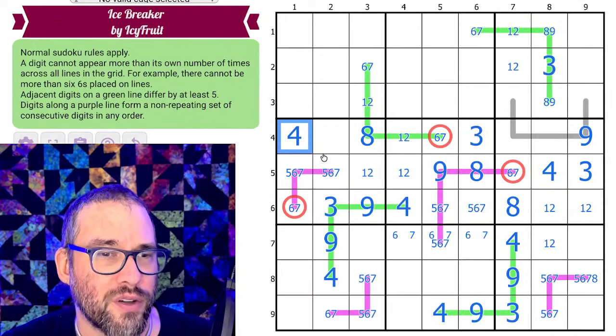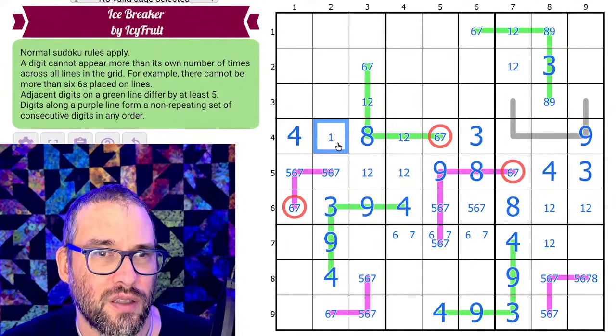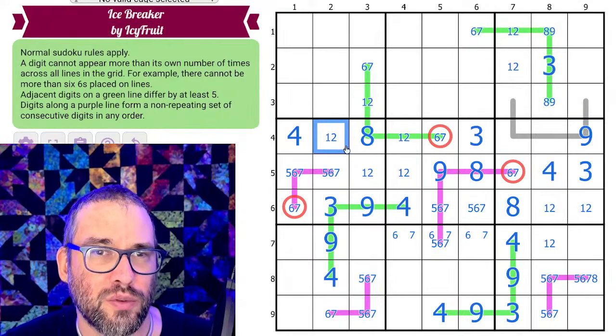4 in row 4 just goes here. So that's the other 1, 2.